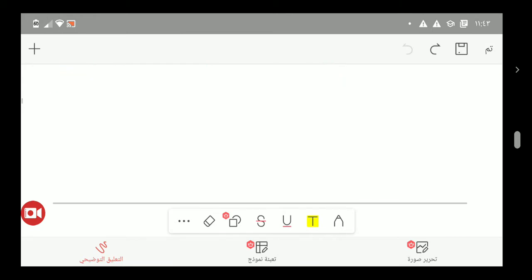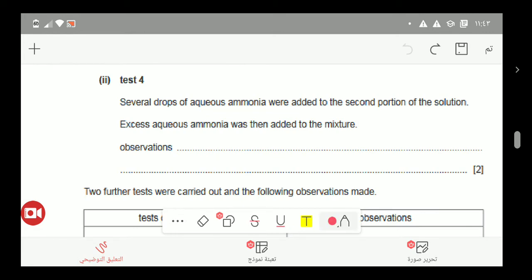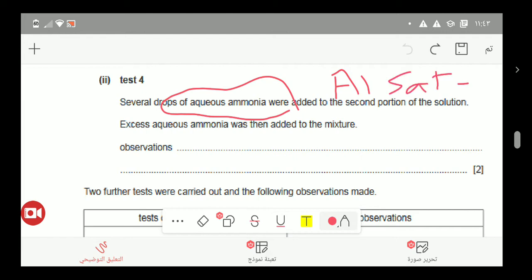Let's move to the next question, test 4. Several drops of aqueous ammonia were added to the second portion of solution. We are still talking about an aluminum salt, maybe aluminum sulfate or aluminum nitrate, any one of them.